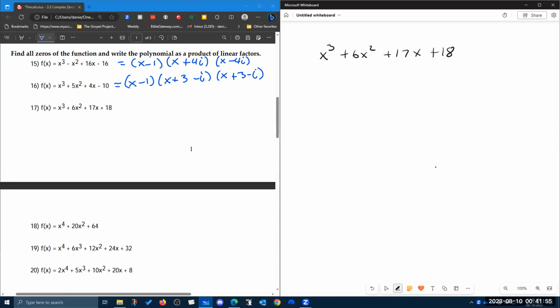And our rational root theorem tells us we have possible rational zeros of plus or minus 1, plus or minus 2, plus or minus 3, plus or minus 6, plus or minus 9, plus or minus 18. Let me go ahead and try a negative 3.